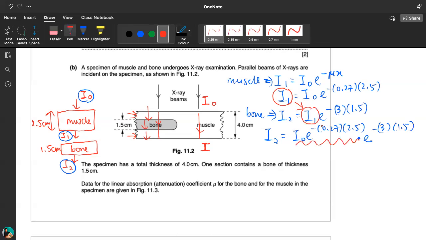It's actually the emerging from the muscle, that is the incident on the bone. The one that comes out from the muscle is the incident to the bone. So I substitute inside here, then I will get I2 over I0 equals, okay, then we calculate this one: 5.656.